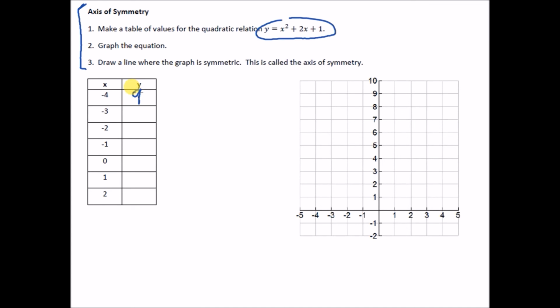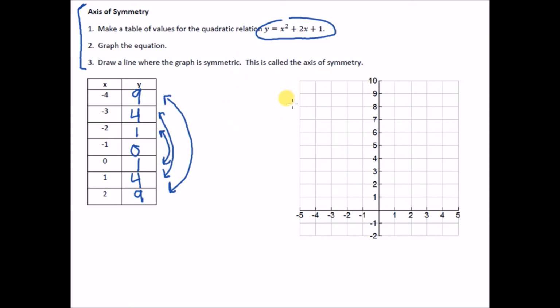Then I change the 4 to a negative 3, and I get 4, then 1, then 0, then 1, then 4, then 9. You should already recognize that these are like the base parabola.